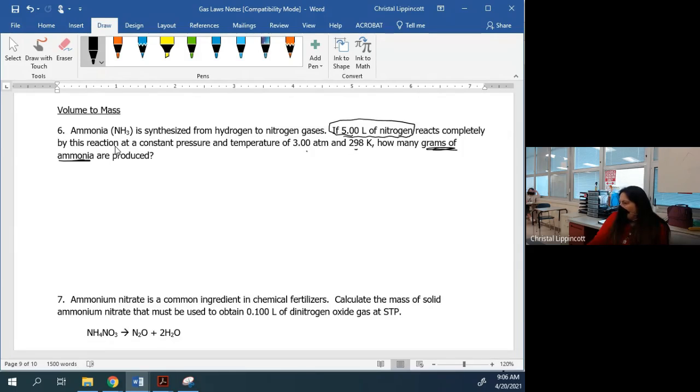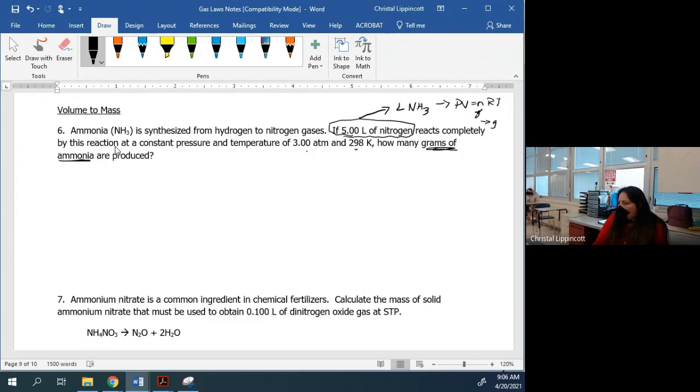So what we're going to have to do first is convert this to liters of ammonia. Then we have to use the PV equals nRT formula to get the moles and then convert moles to grams. So that is our game plan, so to speak.